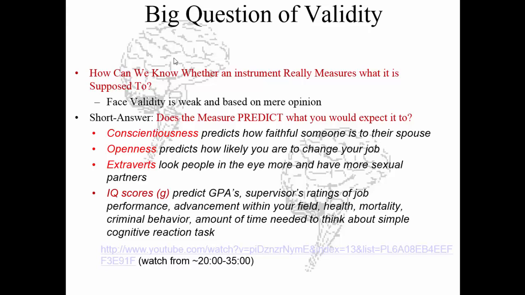High IQ people tend to be less likely to be convicted of crimes, at least. There's maybe a little iffiness there because maybe they're less likely to get caught. I don't know. Also the amount of time needed to think about a simple cognitive reaction task: high IQ people have a quicker cognitive reaction time, basically.